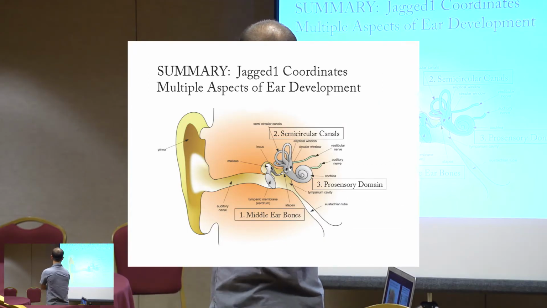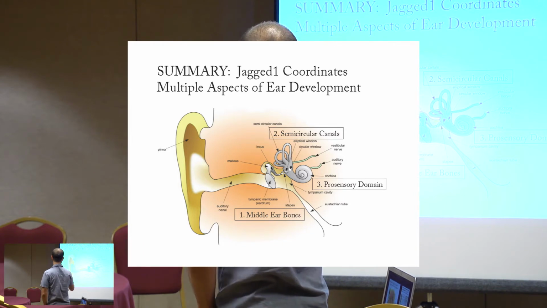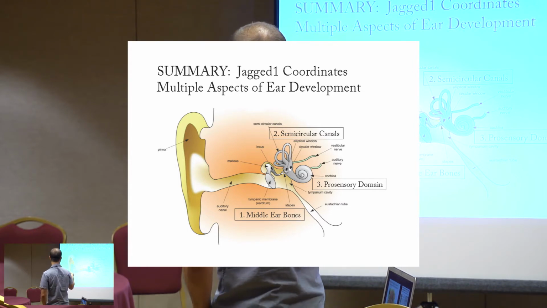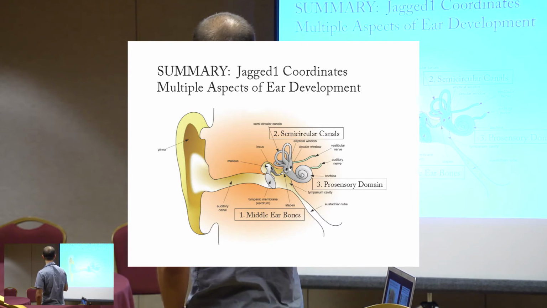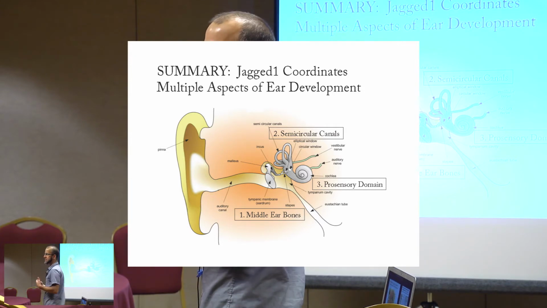I should just point out that it's also known that Jagged1, so I've showed you that Jagged1 plays a role in these middle ear bones. And I should say this is all unpublished data that we're publishing soon. But there are also some other mouse mutants out there that are spontaneous mutants.